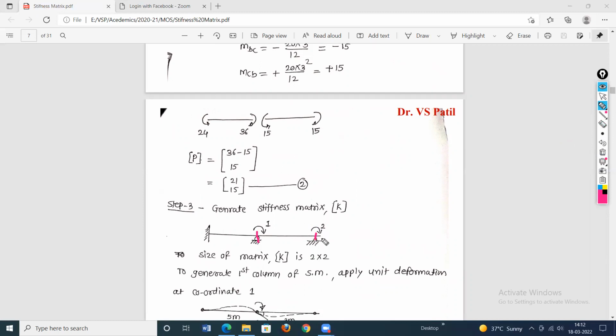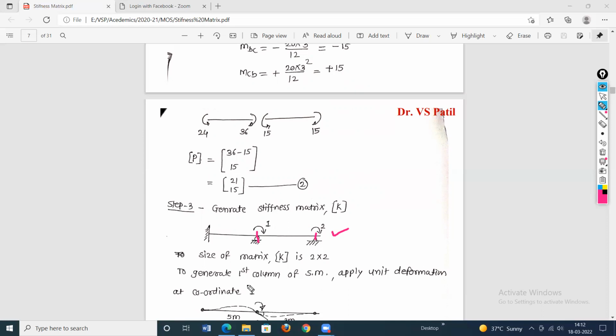So we have assumed both theta b and theta c as clockwise. But because these are unknowns, at this stage it was not known whether the rotational displacements at coordinates 1 and 2 are positive, that is clockwise, or anti-clockwise. Therefore we made this assumption.